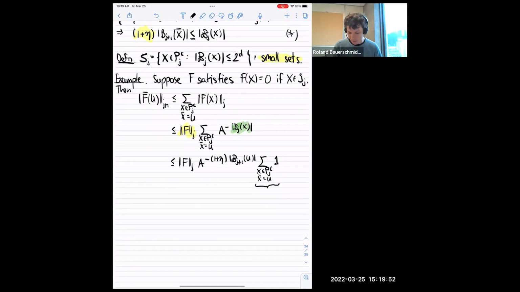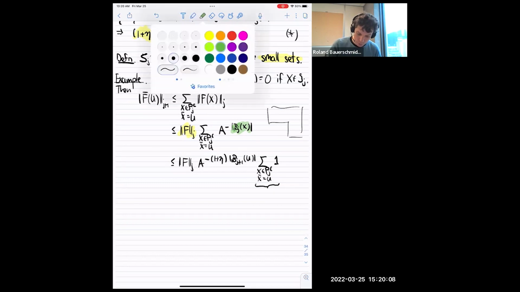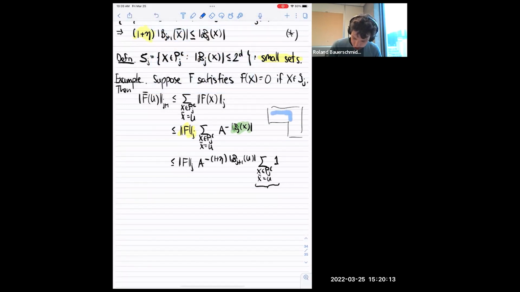So we can bound the sum very crudely as follows. So what does this sum mean? Well, we have some polymer u, say u may look like this. And then we're looking at all x inside u, which are just say subsets like this inside u, and we can bound this sum by simply the number of all subsets of this set u, connected or not. And the crude bound is just, well, the number of subsets of the set is 2 to the number of elements.